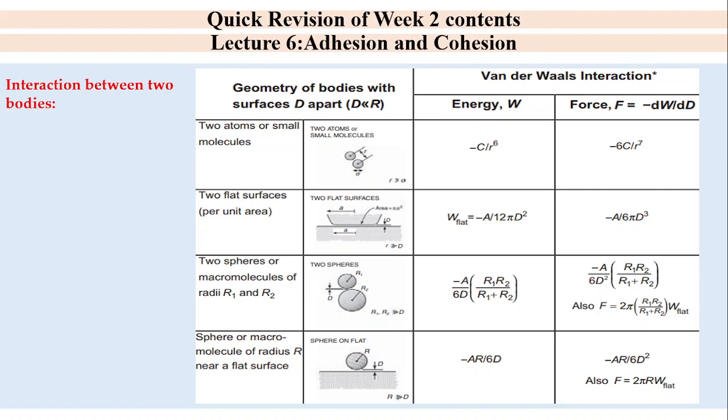The energy between two flat surfaces is given as W flat is equal to minus A by 12 pi d square. Similarly, force is given as minus A by 6 pi d cube.